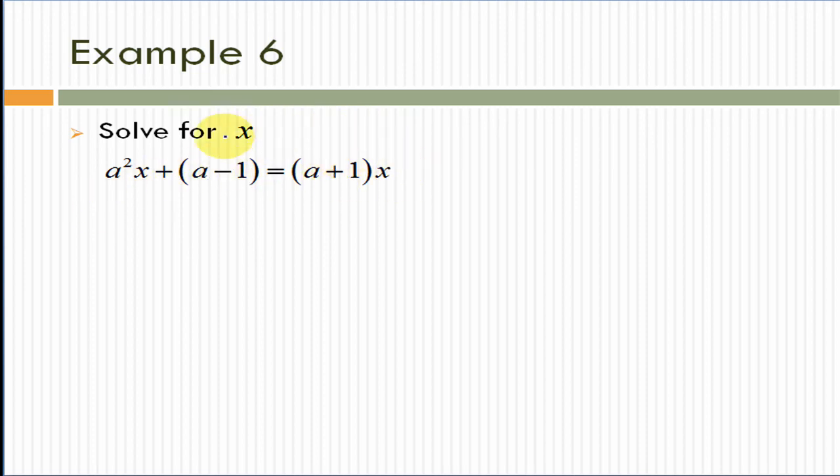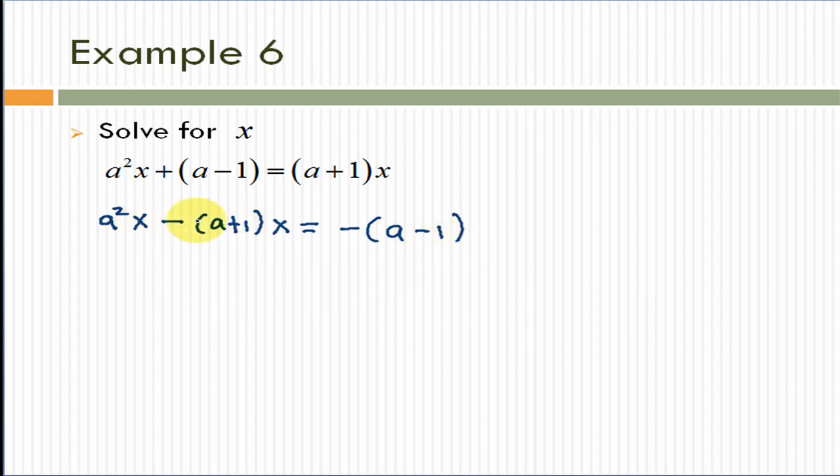So move this here. We have a squared x minus a plus 1 x. Now we don't want this a minus 1 on the left hand side, so we move this to the right hand side. Negative a minus 1.